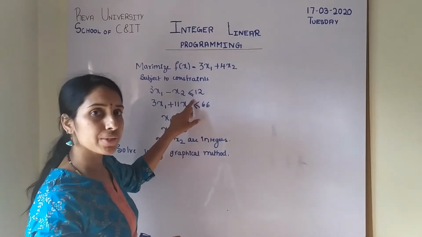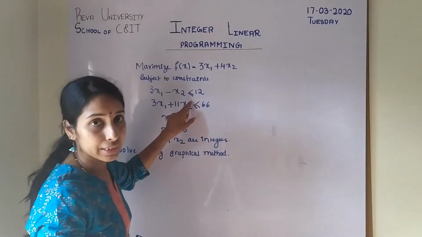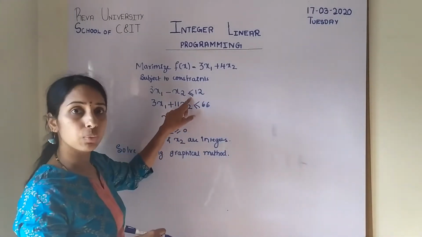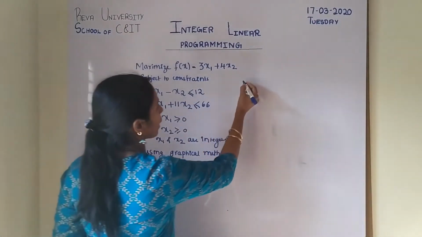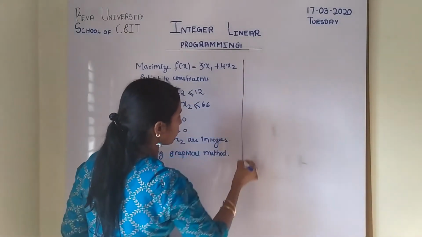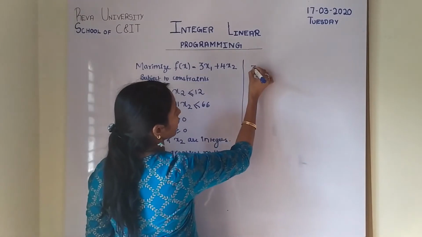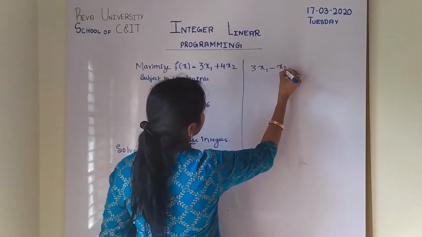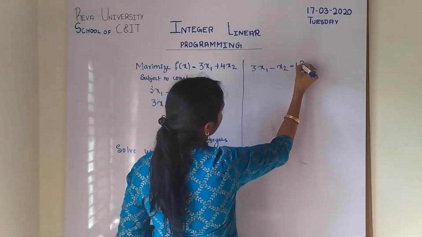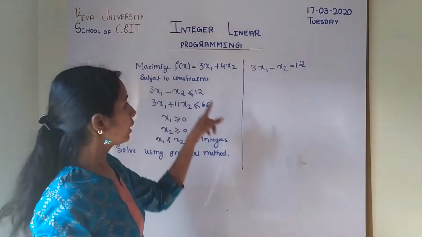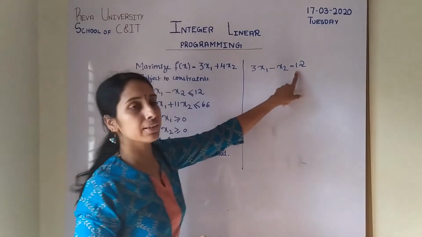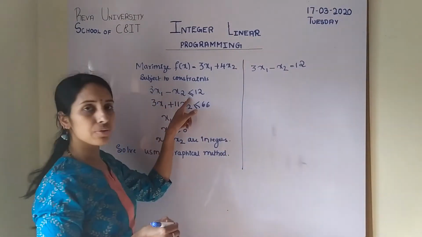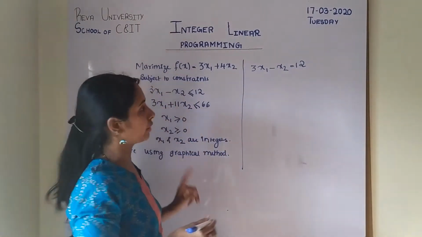To solve using the graphical method, let us consider this equal to 12. I am writing the first constraint 3x1 minus x2 equal to 12, equating this because I want to solve it using the graphical method.